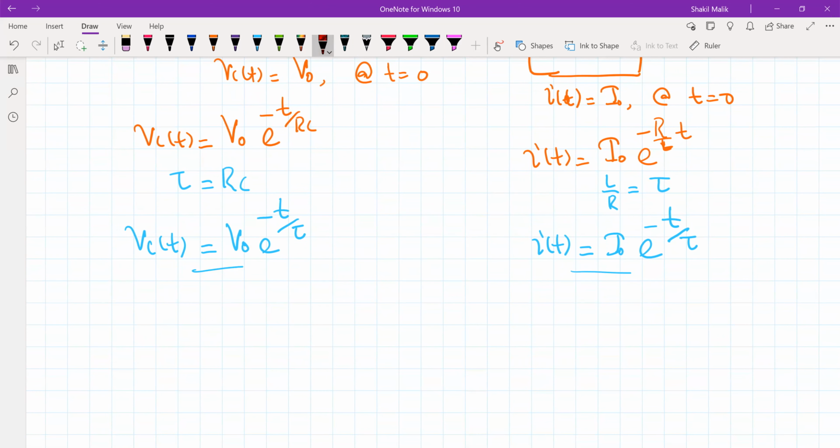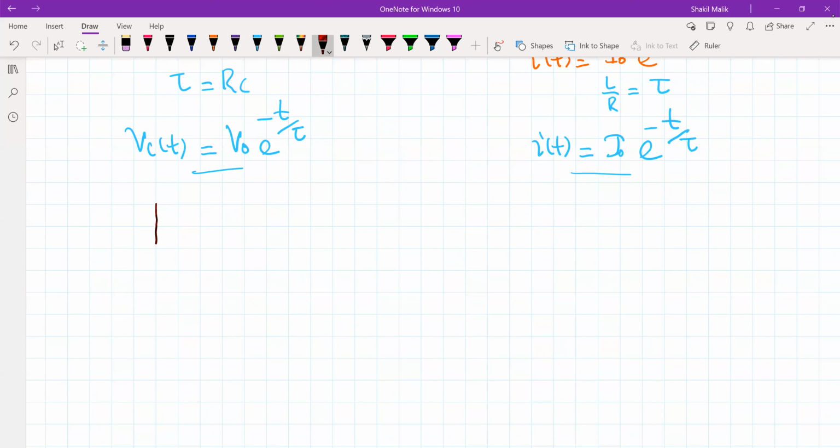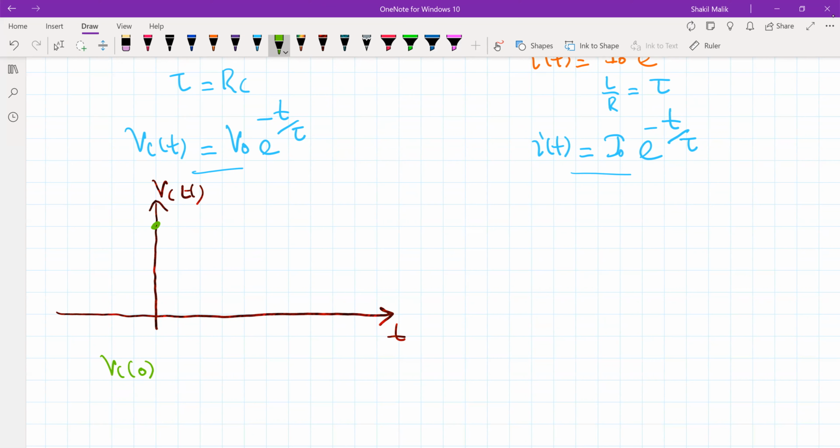Now, if you plot these, let's do the plot first for the capacitor voltage. So at t equal to 0, it is having some value. How much? If you put t equal to 0, the voltage value will be V naught, because that's what we assumed.